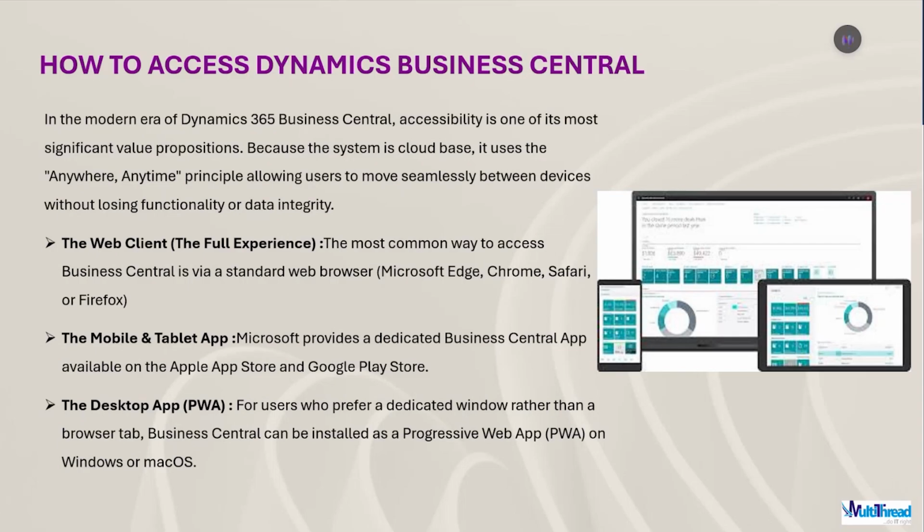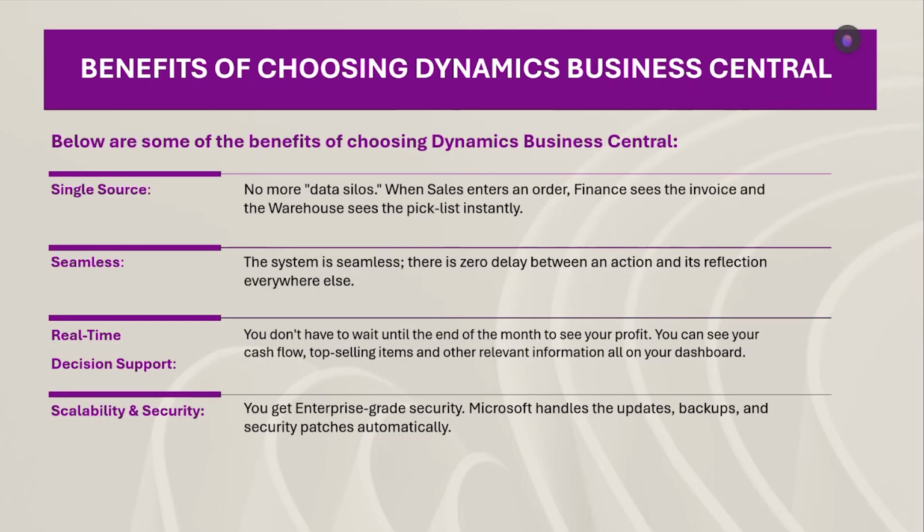Good. Okay, so moving on, these are some of the benefits that I've outlined here, which you can get from Dynamics. Dynamics is a single source. Within Dynamics, you don't have data in silos. For example, finance will work somewhere, procurement will work somewhere, and somebody would have to sit and consolidate.